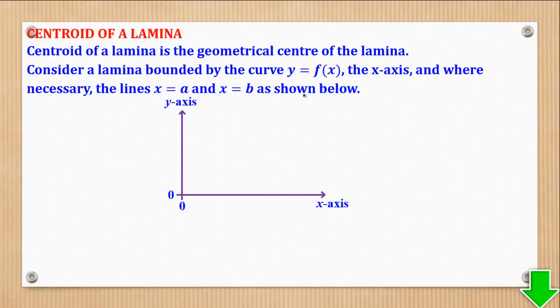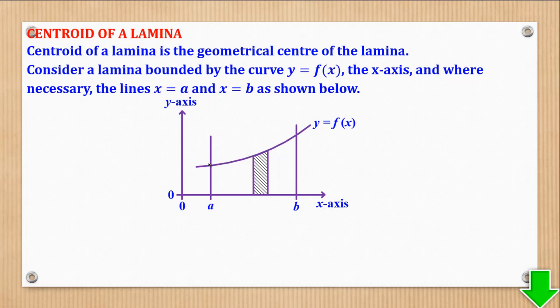So we have the axis, then we bring the curve y equal to f(x). We also have the lines x equal to a and x equal to b. So this is the area enclosed. So the question is, can we get the center of gravity of that enclosed area? How to get it?